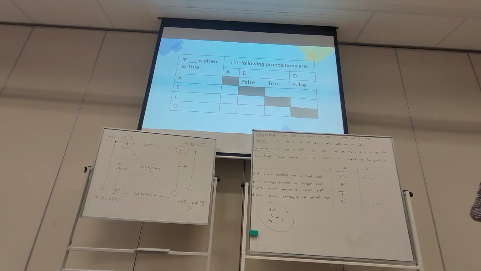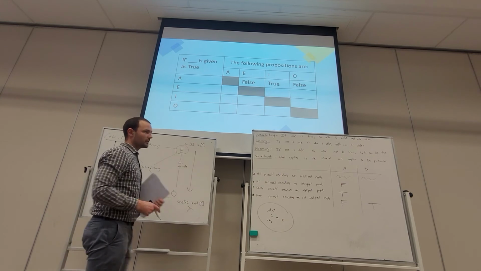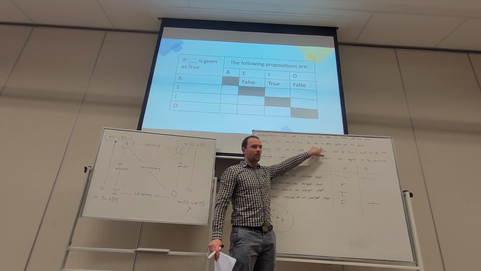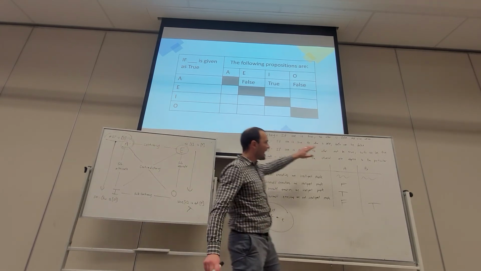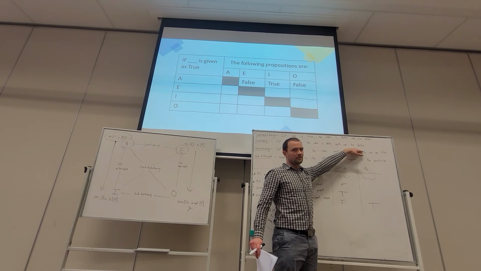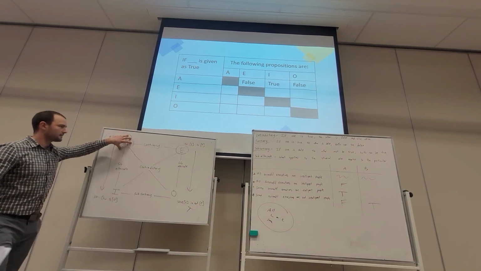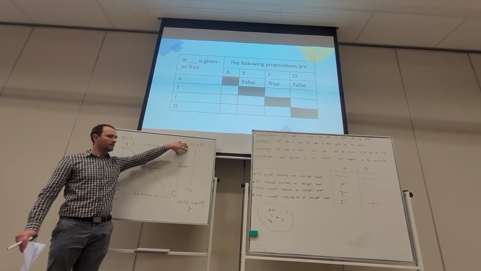Okay. But then let's think about the link between A and E. They are contrary. And so if one is true, the other is false. But so far we've only got one is false. And they can both be false. So we can't straight away affirm something if this is false. We don't really know what this is. Okay?